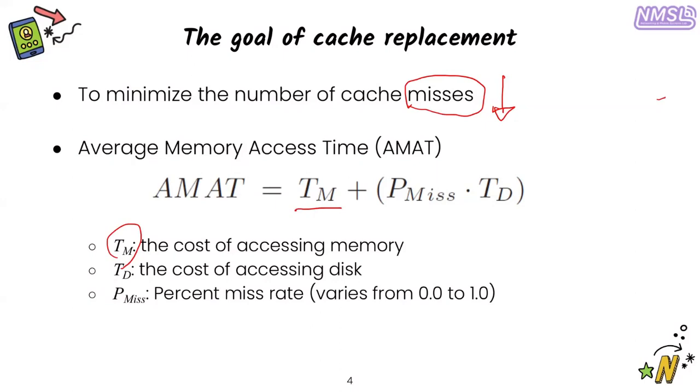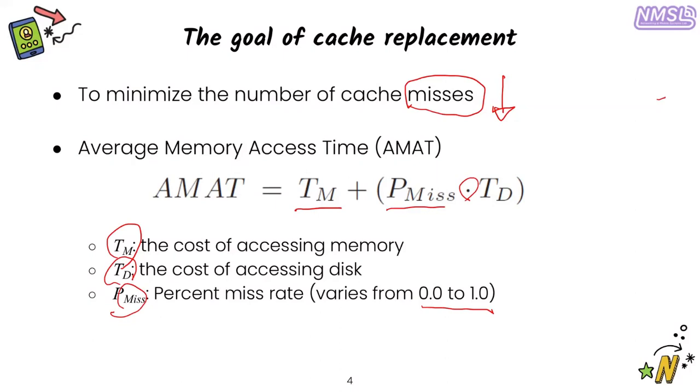The other part involves P sub miss, the cache miss rate, which varies from 0 to 1 and is multiplied by T sub D, which is the cost of accessing disk.